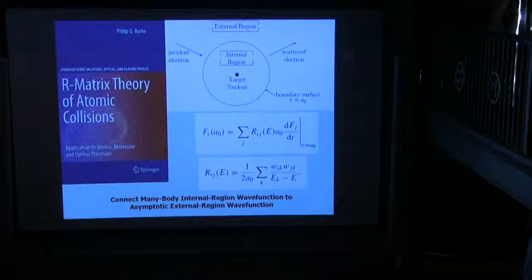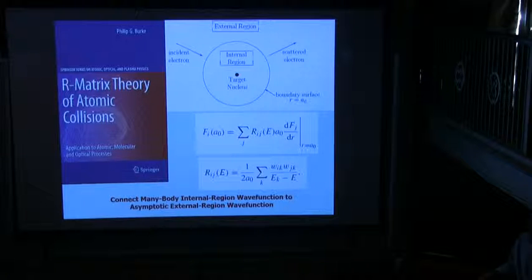And the basic idea is that for a complicated electron-atom collision, which is the final state in photoionization, by the way, an atomic ion and an electron scattering away from that ion, the very complicated many-body problem is solved inside a so-called R-matrix sphere, the internal region.